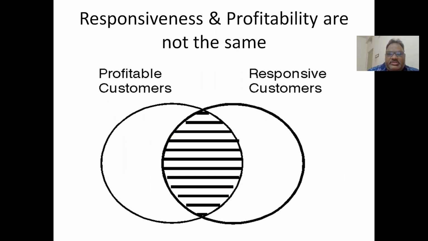Generally, a company has two kinds of customers: one is called the profitable customer, and the other is the responsive customer. For information, not all profitable customers are responsive, and not all responsive customers are profitable. It means if customers are profitable, it doesn't mean they are responsive.